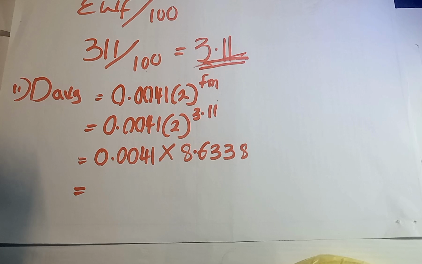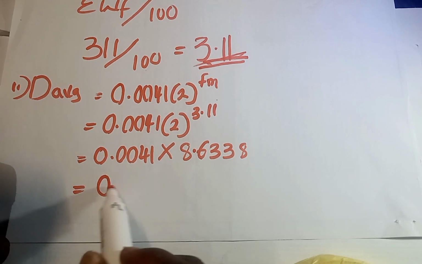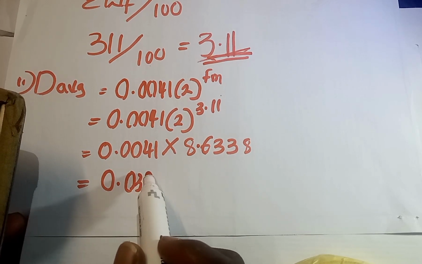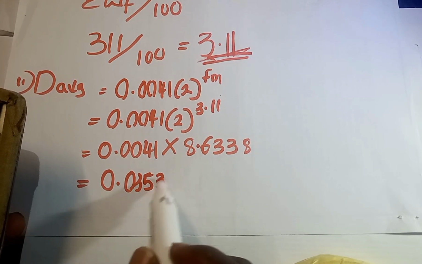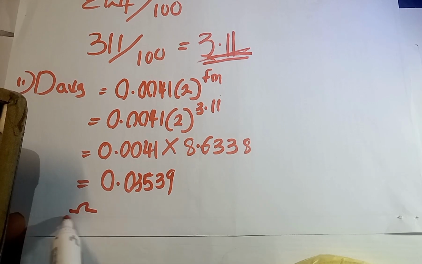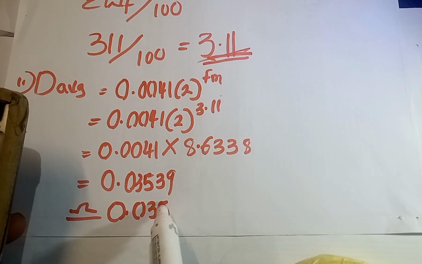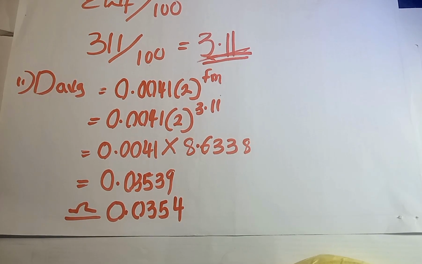So 0.0041 multiplied by 8.6338. That is my D average, which is 0.03539. I can easily approximate it. My D average is 0.0354. So that is how to calculate the D average and the fineness modulus.